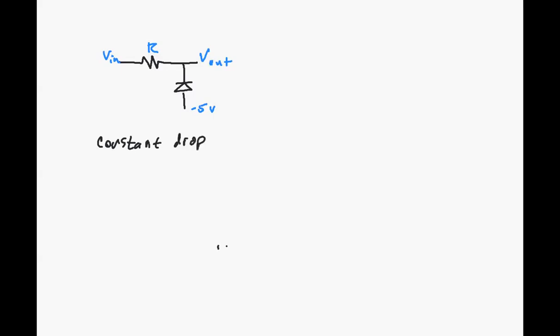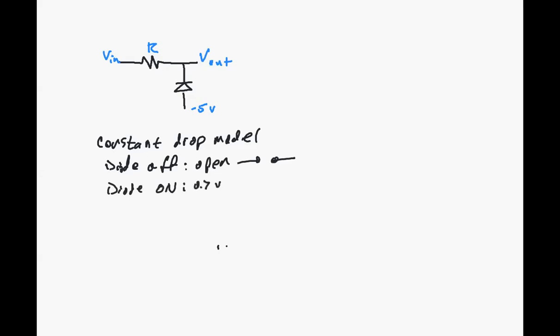It means that when the diode is off, it's an open. And when the diode's on, it's no longer a short, it's 0.7 volts for silicon.